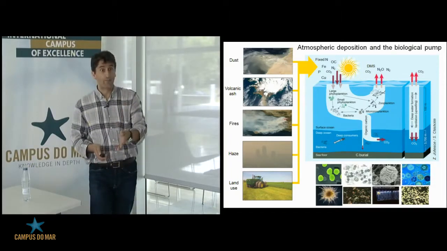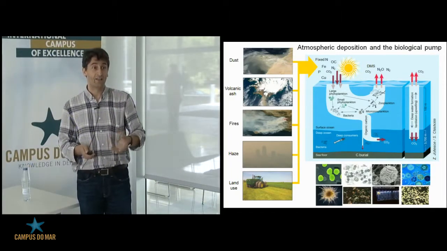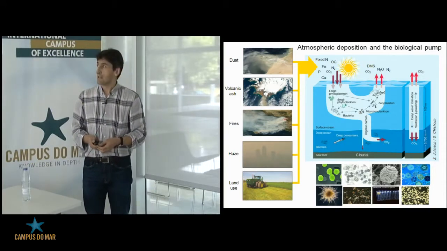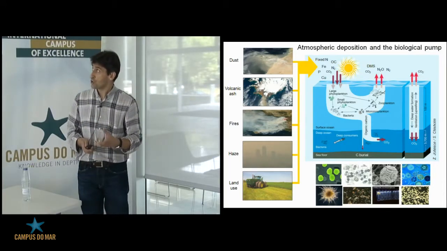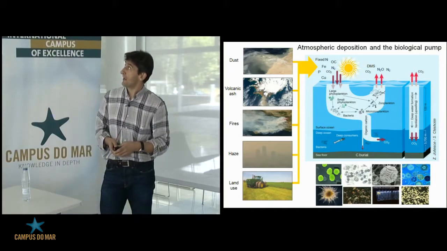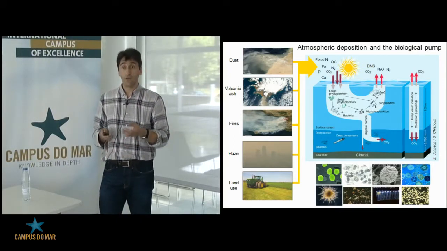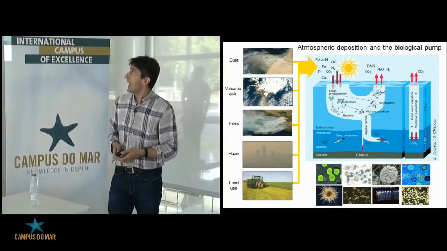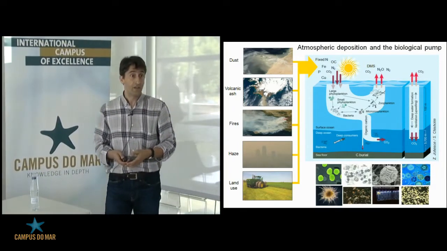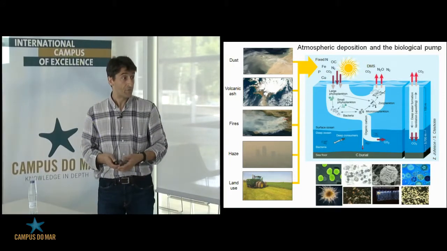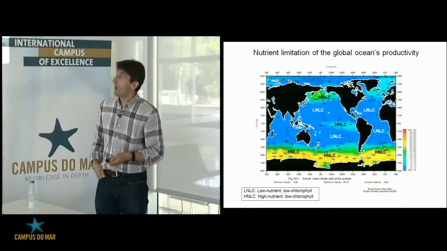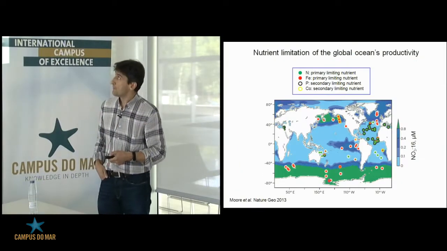As you already explained, the reason we are interested in these events of nutrient deposition is basically because the biological pump, the group of organisms in the plankton that contribute to the export of carbon towards the interior of the ocean, can be affected by different inputs of materials coming from the atmosphere system, in which macronutrients, typically nitrate, are limiting the system.